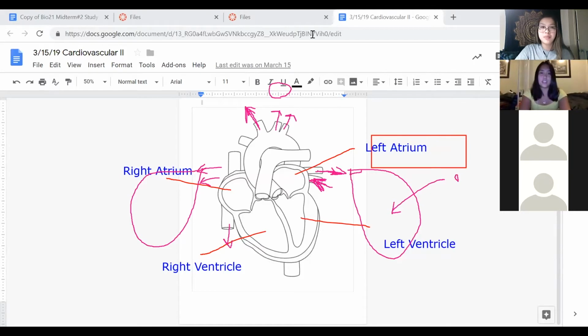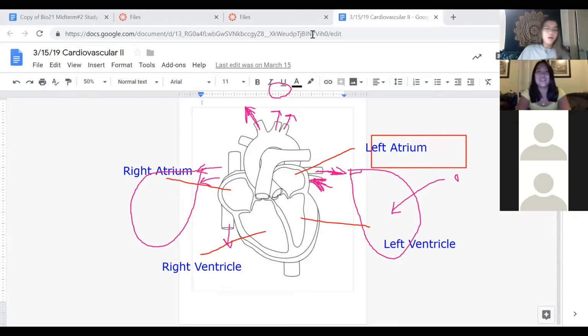So the right side is oxygenated, the left side is deoxygenated. Oh, sorry, wait, no, I think I said that backwards. So it's deoxygenated, and then it goes oxygenated. Okay, right, left.